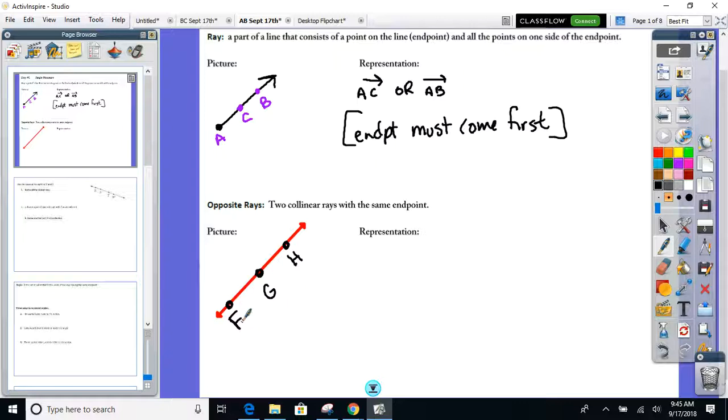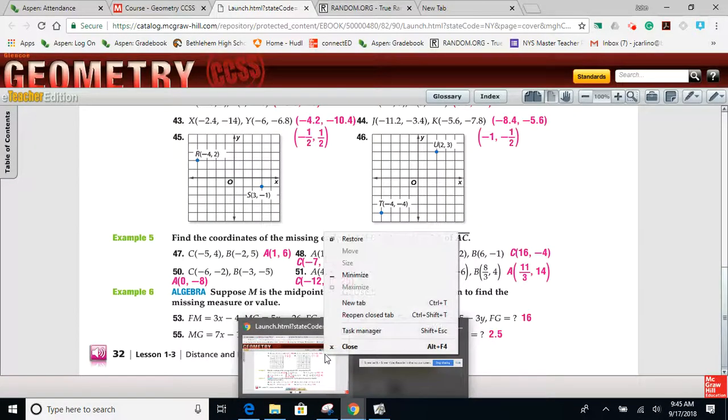Two rays that share the same endpoint. Can you guys see those 2 rays that share the same endpoint on my diagram? Got to have the same endpoint, though.